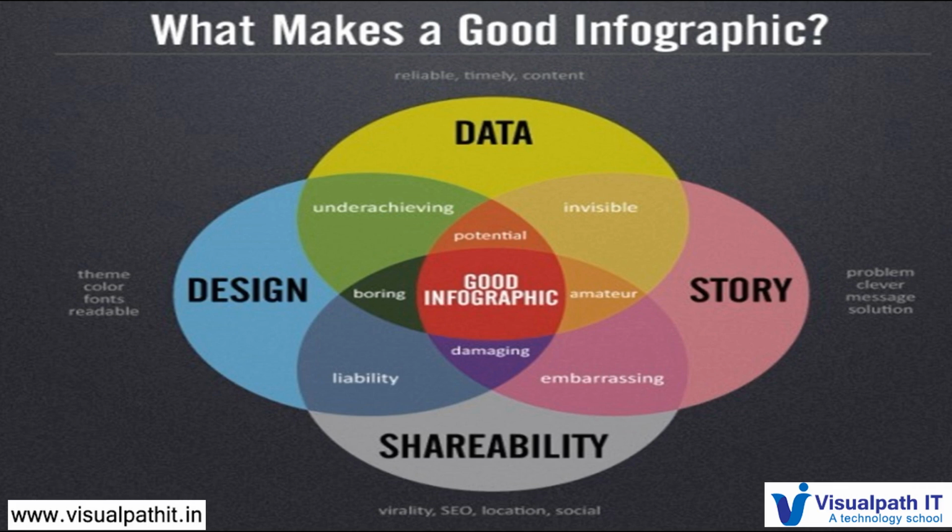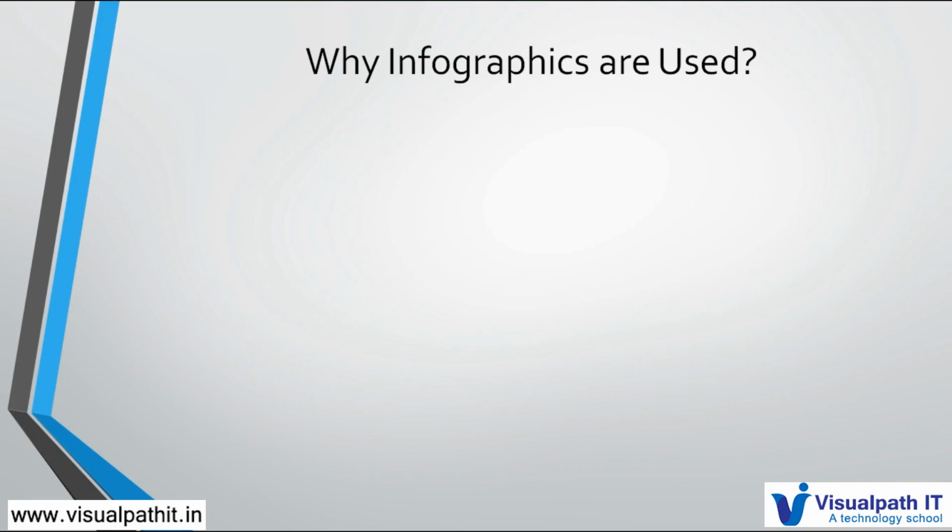An infographic is a collection of imagery, charts, and minimal text that gives an easy to understand overview of a topic. So in this you can see the data, stories, shareability and the design part.